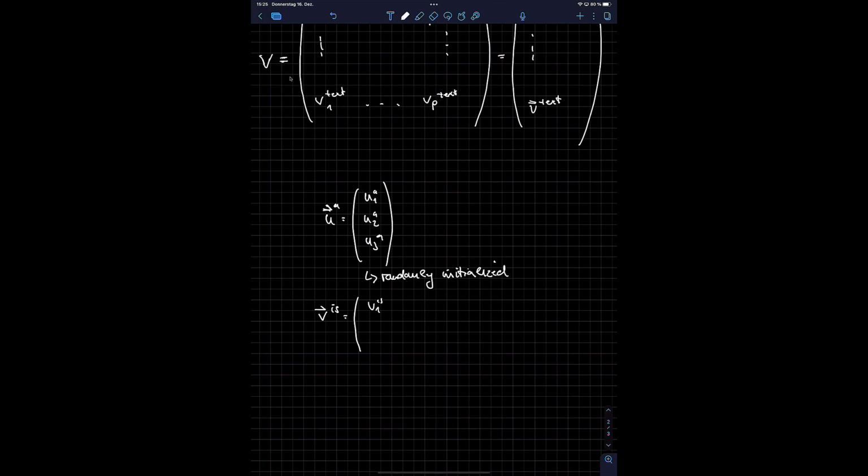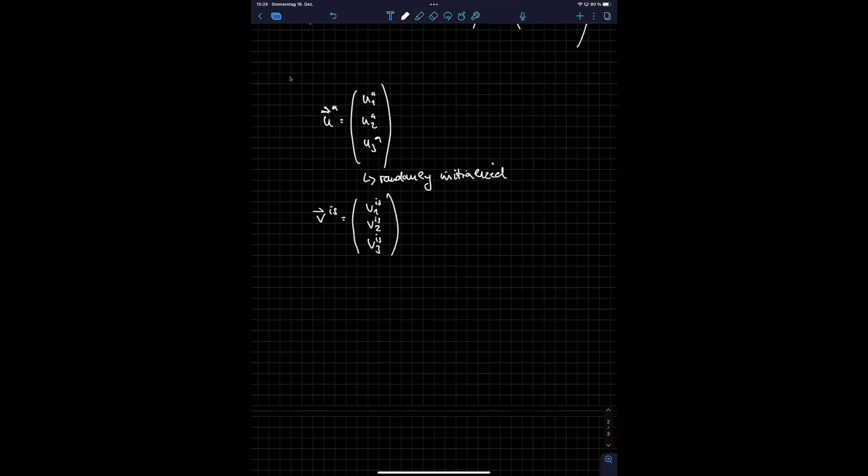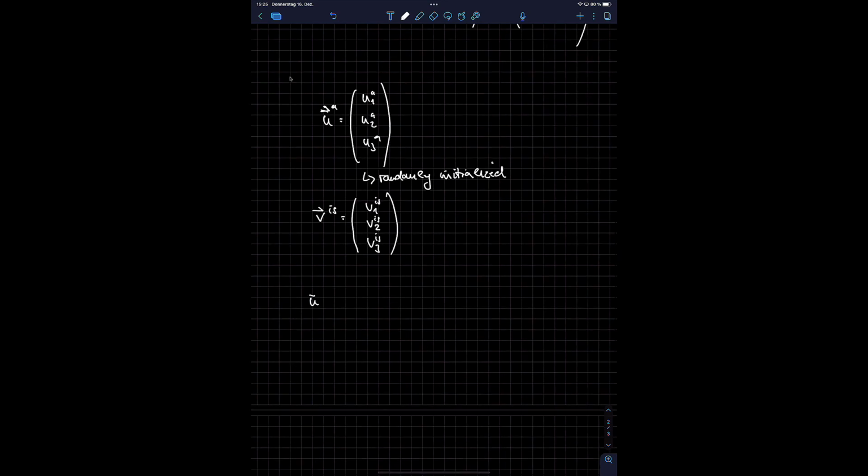So it would look like this, and again, those are just some numbers that are randomly initialized. And then what we do here is we calculate the dot product. Okay, so I think you can work this out on your own, but let's just do it. So that would be this times this plus, and so on.